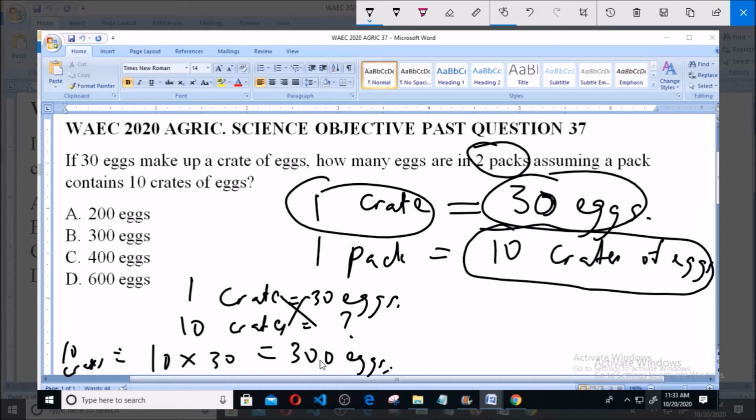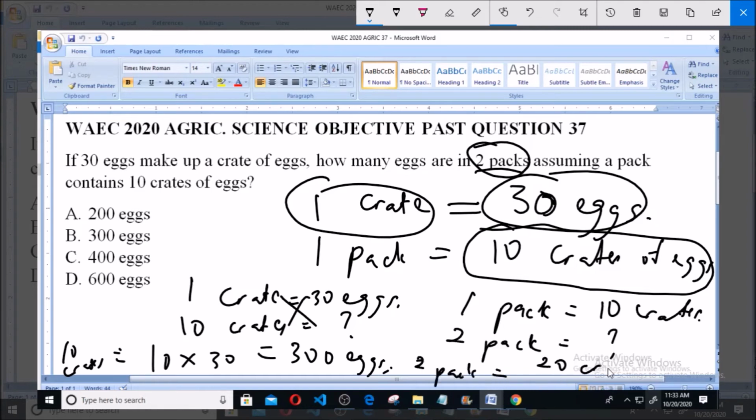Now, since we know the number of eggs in 10 crates, we're asked how many eggs you have in 2 packs. 1 pack contains 10 crates of eggs, so you have 20 crates.